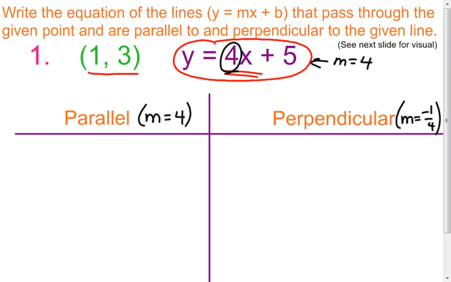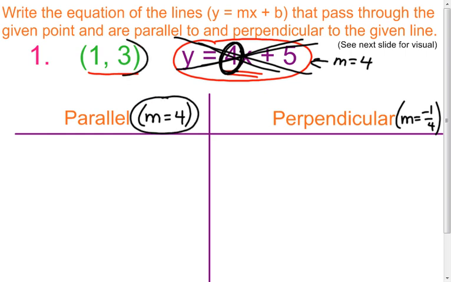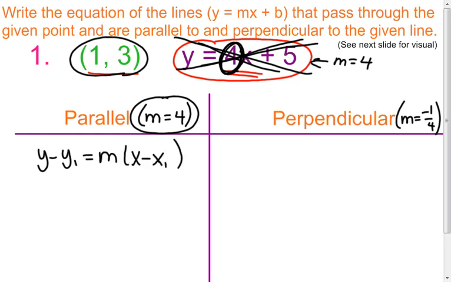That is the absolute only reason you use the line I gave you, is to figure out the slope of it. So I'm going to cross this off. It means nothing anymore. I will use no other parts of it. Now to find the line parallel to it, I will use this m and this point, and I am going to plug it into this formula right here that we have seen over and over again.